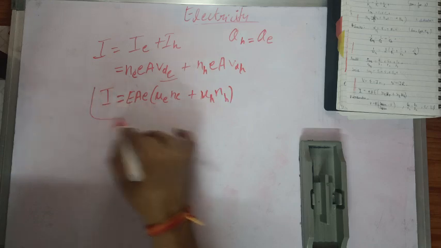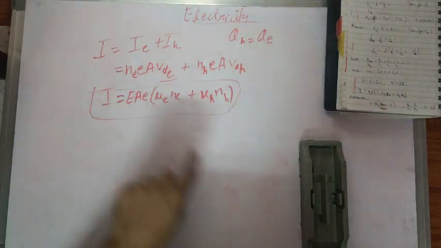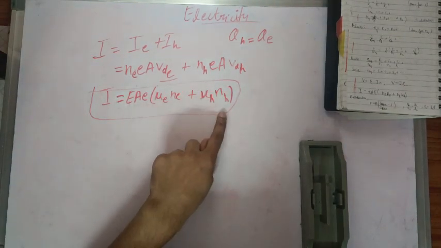So this is how we can give the current in the semiconductor when there are holes also present.